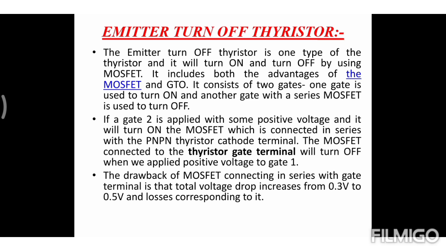But here in the emitter turn off thyristor, a MOSFET is used for the turn on and turn off process. So this emitter turn off thyristor has the advantages of both MOSFET and GTO. It consists of 2 gates. One gate is used for turn on and another gate is used for turn off.